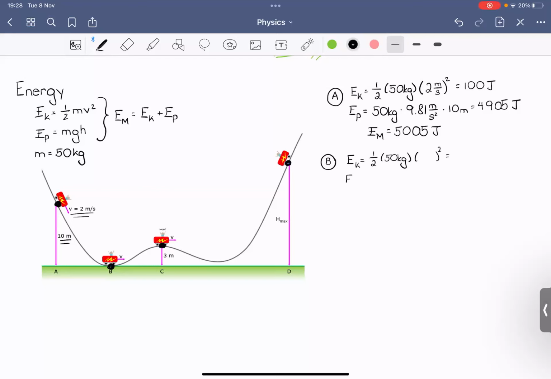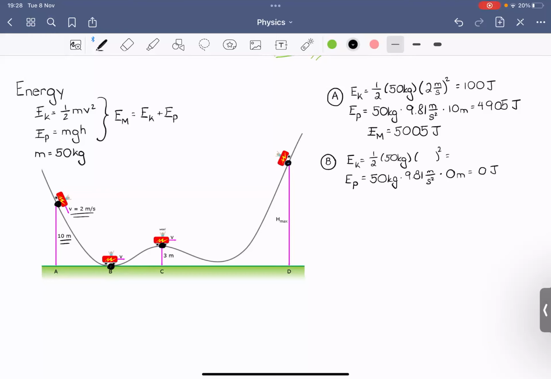But in our potential energy, we know that that's 50 kilograms times 9.81 meters per second squared times our height, which in this case, we're all the way at the bottom on the ground. So that's going to be 0 meters. Therefore, my potential energy is 0.